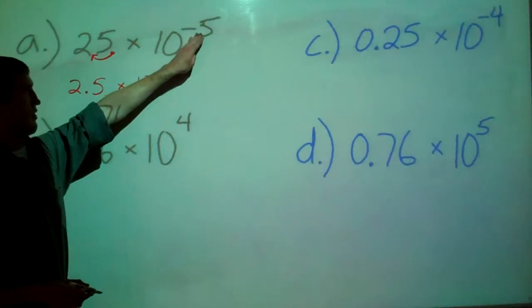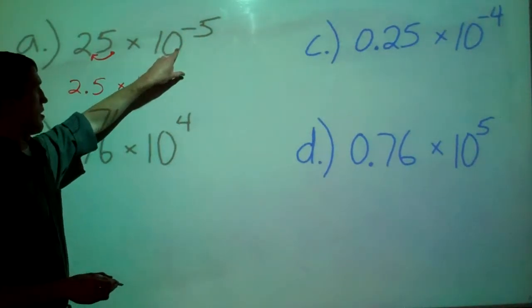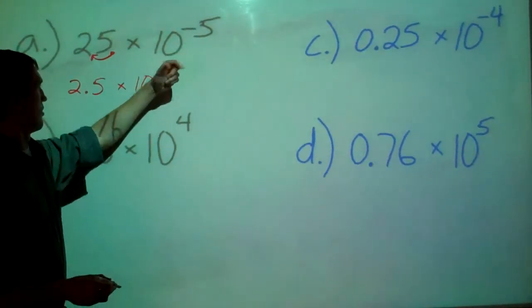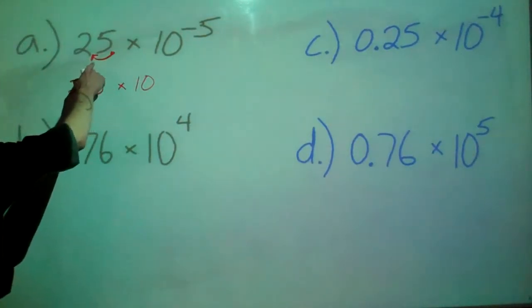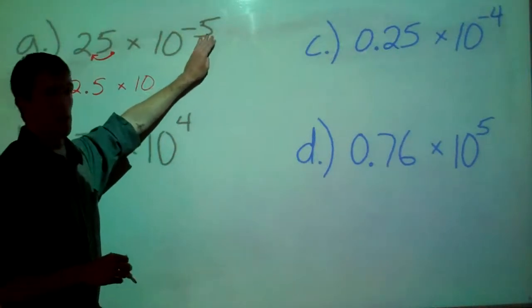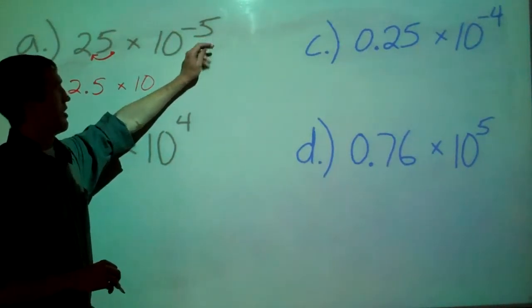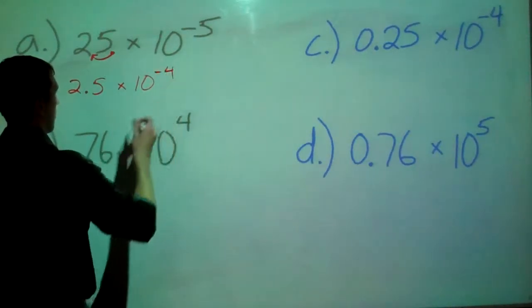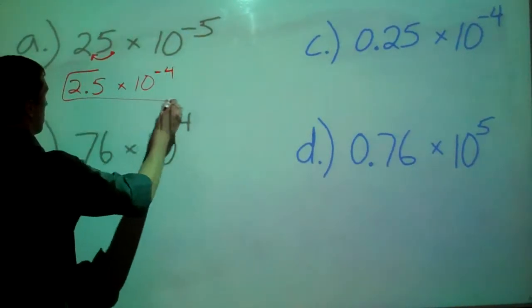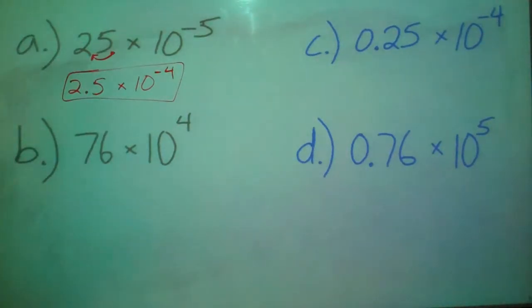And remember, negative exponents on the power of 10 tell us to move our decimal to the left. Well, we already moved it 1 spot to the left, so that means that's 1 less spot we have to take it to the left here. So we're going to make this a -4. And this would be the proper scientific notation for letter A. 2.5 times 10 to the -4.